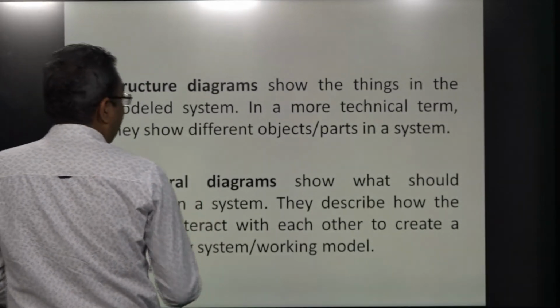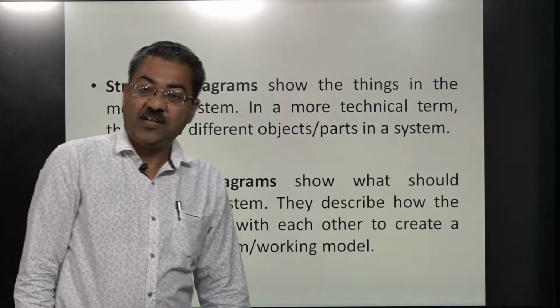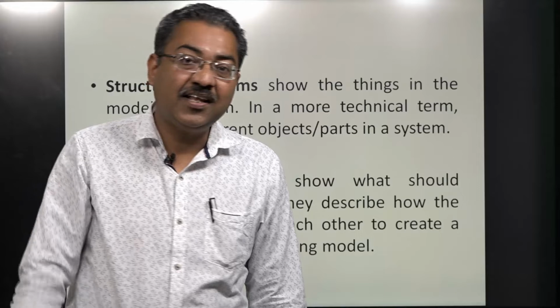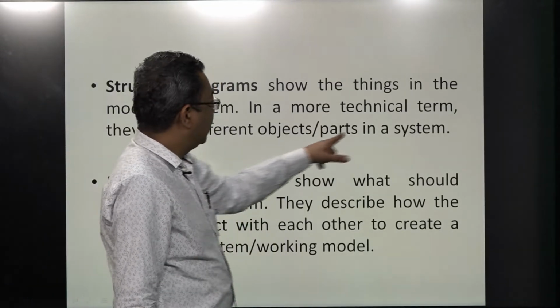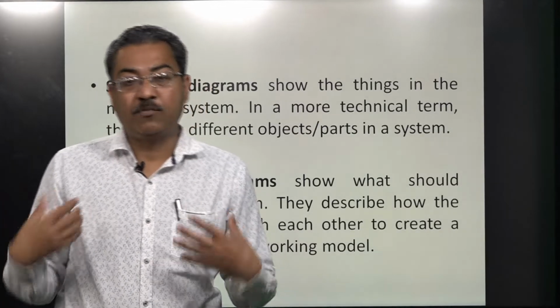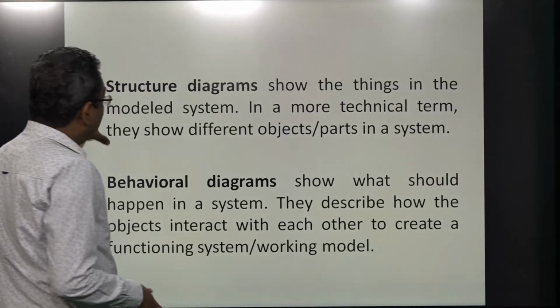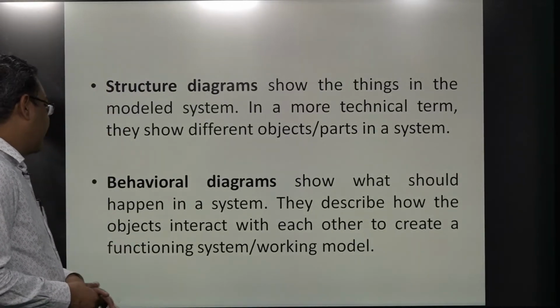They can be the objects or the parts of any system. For example, if we want to design software for a library, what comes under the things? Books, students, members, employees, they all are the things, they all are the objects. So the structural diagram shows the things in the modeled system, right?